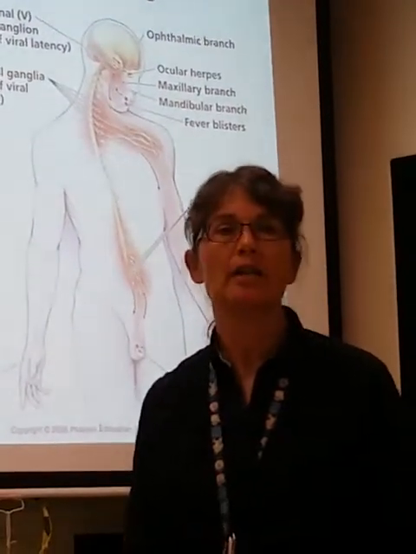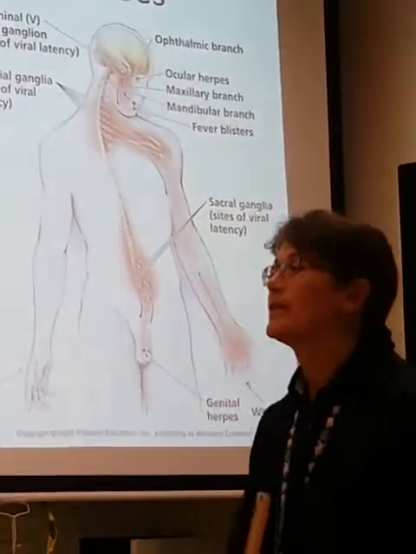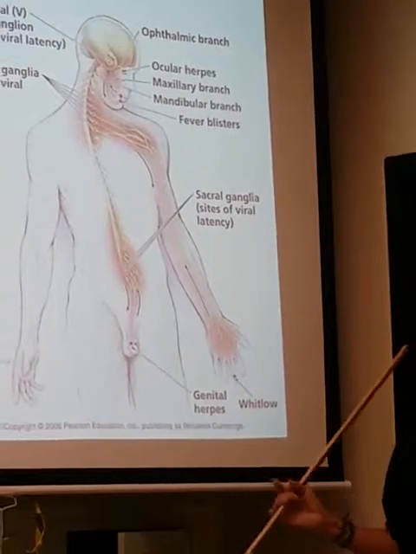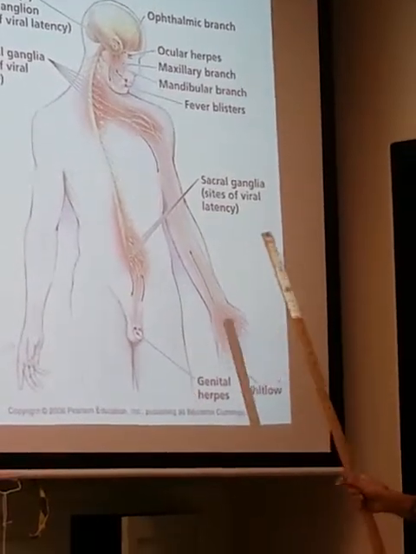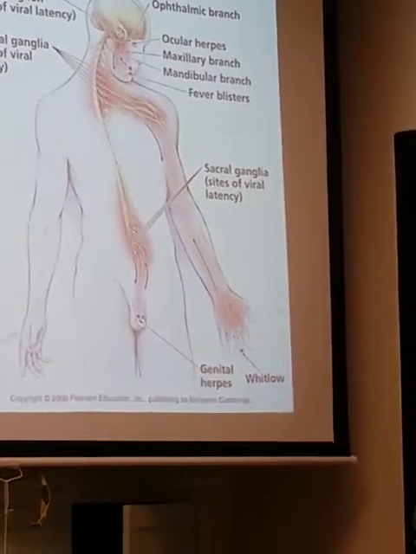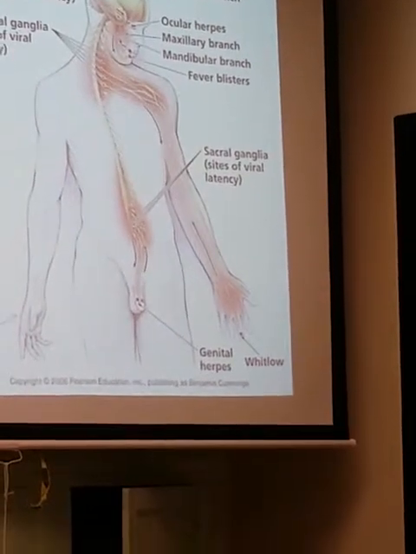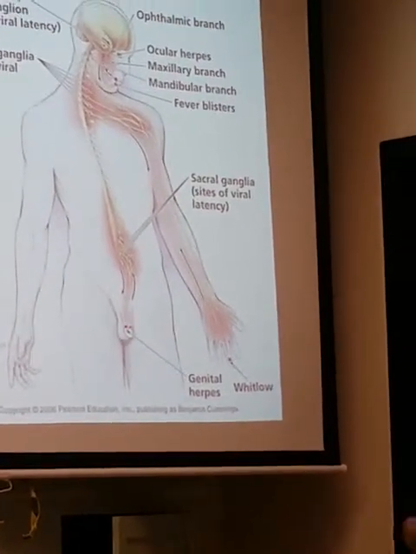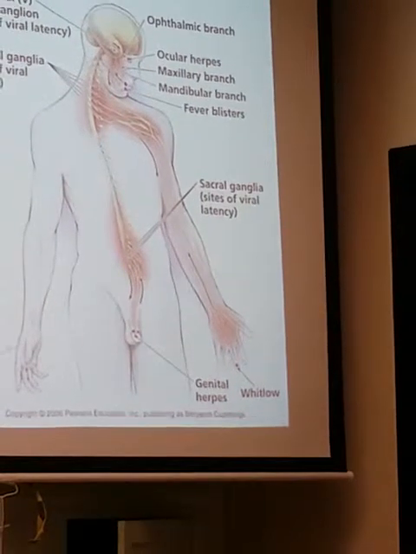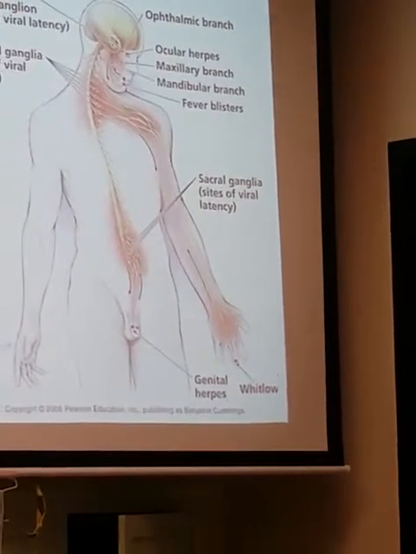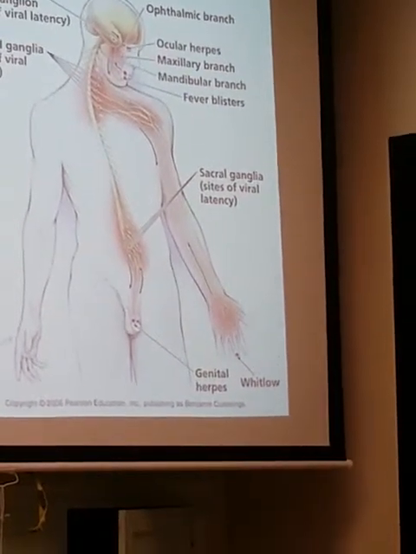So this is a reactivation. We'll see that this is a trouble, especially as we grow older, as our immune system starts to fade. It's also an issue if we undergo any kind of immunosuppressive therapy, say cancer therapy, transplant therapy, or if we're on chronic long-term steroids. So we'll come back to this case when we talk about the herpes viruses.